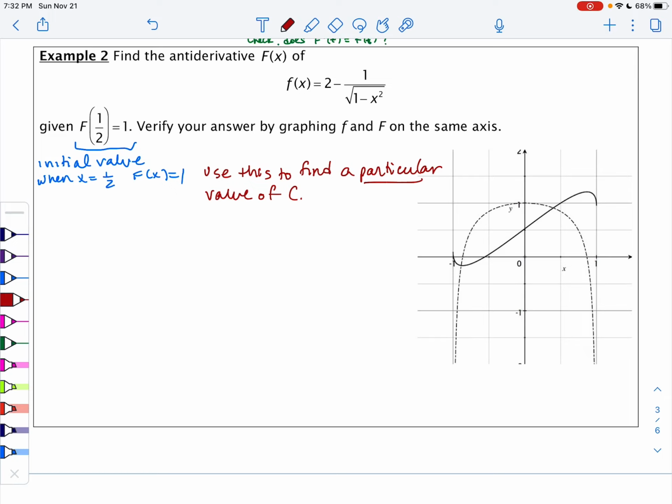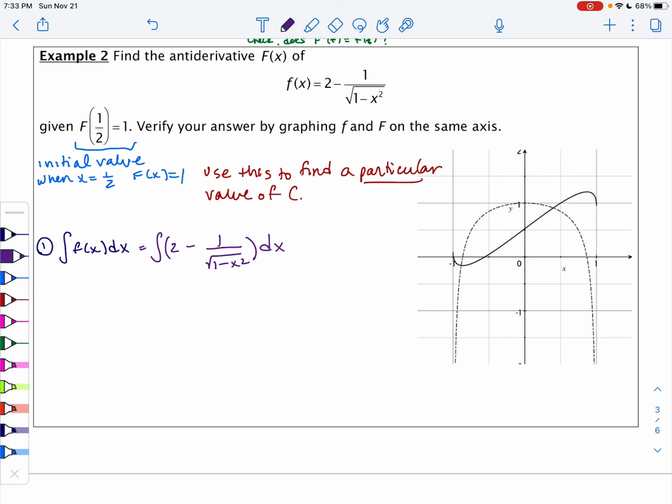Okay, so let's take a look at just finding the general antiderivative. Step 1 is let's find the antiderivative of f of x dx, and we use that notation of the integral with respect to the variable that we are finding the antiderivative with respect to. And our function here is 2 minus 1 over the square root of 1 minus x squared dx.